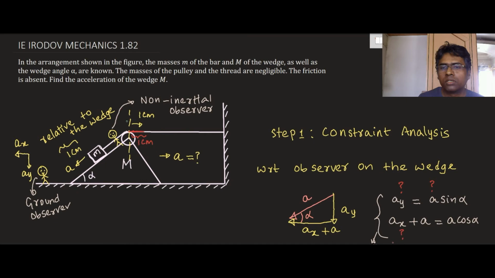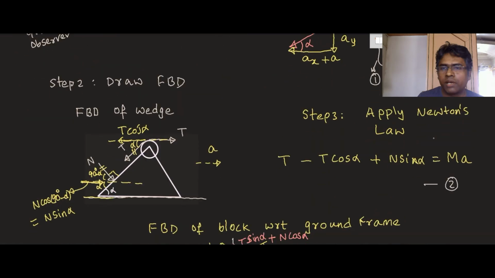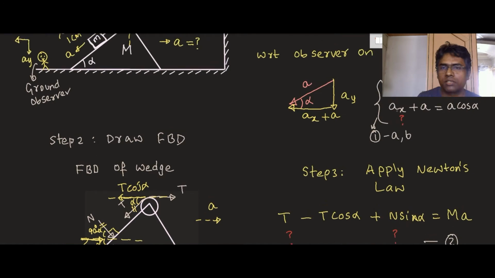The first set of equations we can call equation A and equation B. So there are two equations, this is A and this is B, and there we have three unknowns. If I look at the other equations, the tension is unknown and the normal reaction is unknown. But overall, if I take these as two equations, we have 5 equations and 5 unknowns.